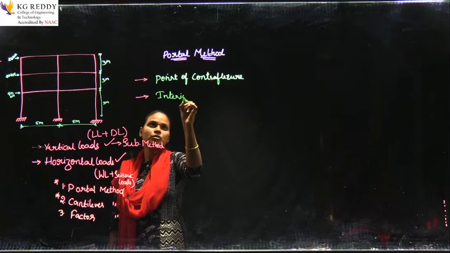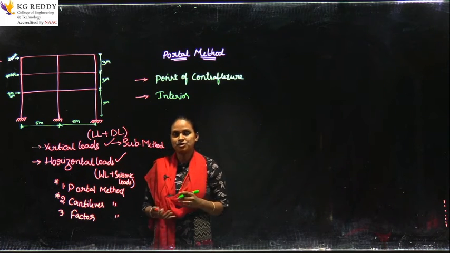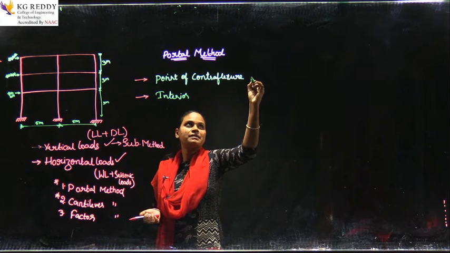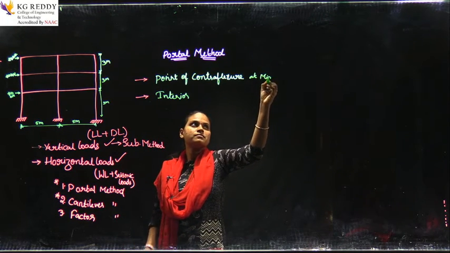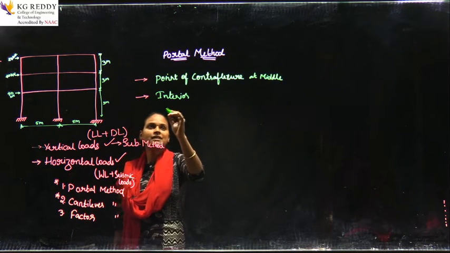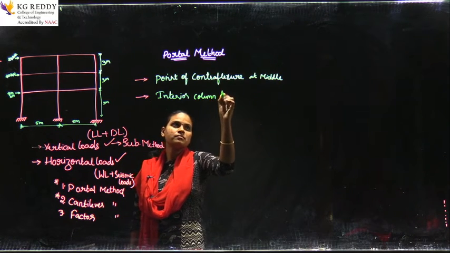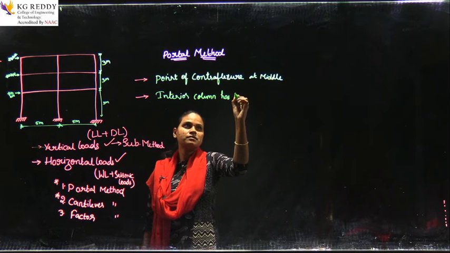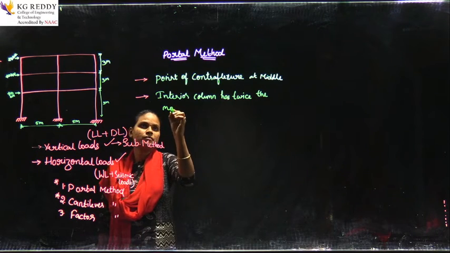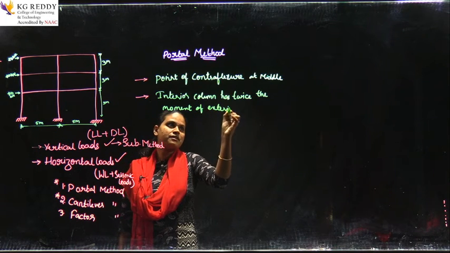These are two very important assumptions you will be considering for the calculation of the problems and for the moments. So the point of contraflexure acts at the middle, and the second one is that the interior column has twice the moment of the exterior columns.